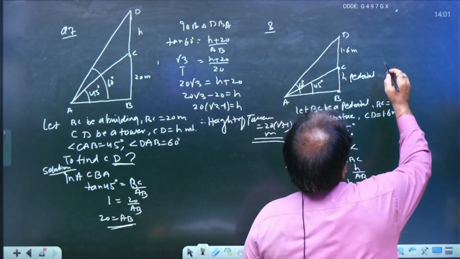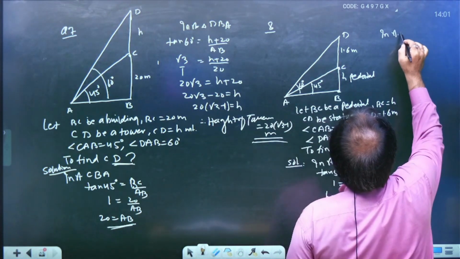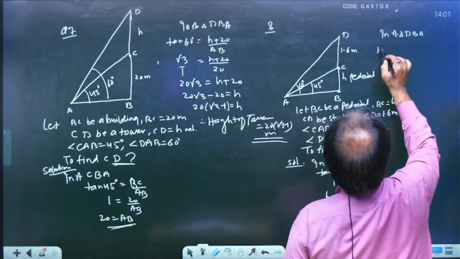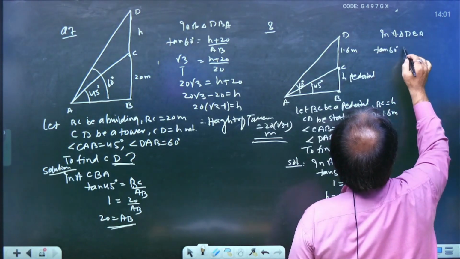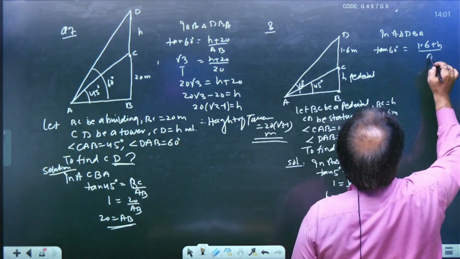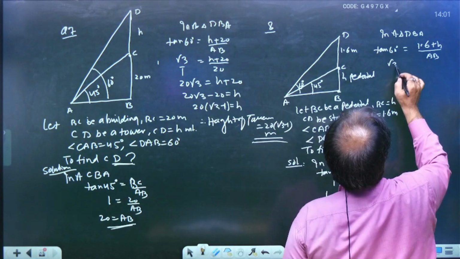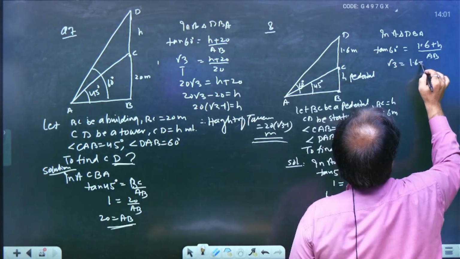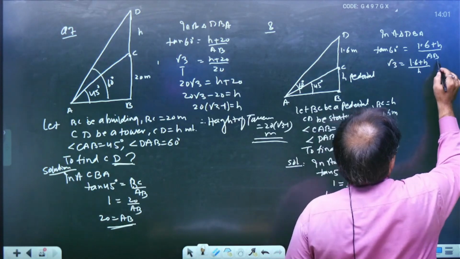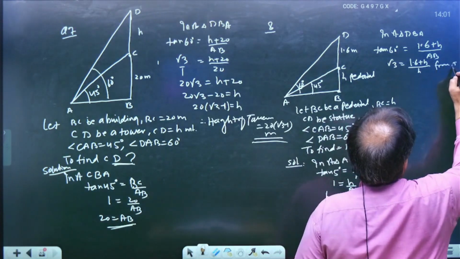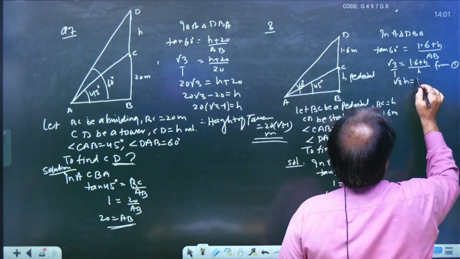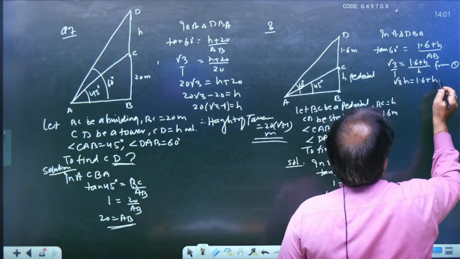Now in right triangle DBA, tangent 60 degree is equal to perpendicular 1.6 plus H upon AB. So tan 60 is root 3 equals 1.6 plus H upon AB, and the value of AB is H from result number 1. Now by cross multiplication, root 3 H is equal to 1.6 plus H.